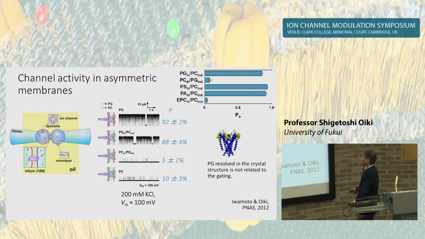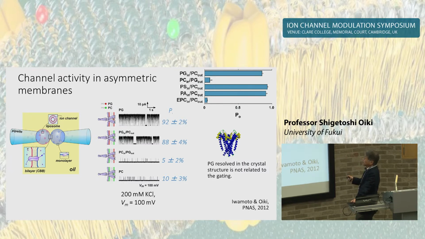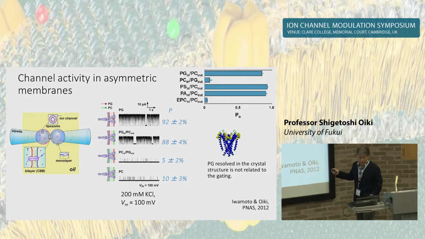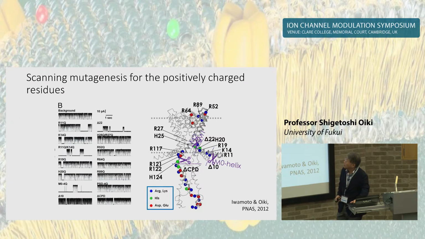People expected the outer part of the transmembrane region to be important for the lipid interaction with the channel, but as far as this channel gating, this outer leaflet, where the crystal resolved PG, is not important for the activation gating of the KcsA channel.